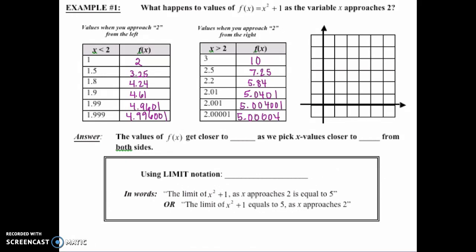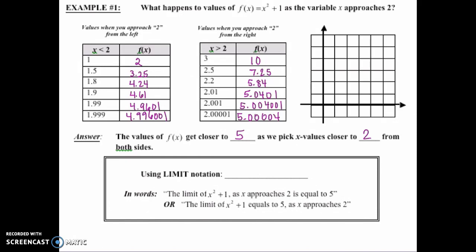Okay, so what you can see here from the work that we did on the left-hand side of 2 and the work that we did on the right-hand side of 2 is that the values of the function get closer to 5 as we pick x values closer to 2 from both sides, okay?